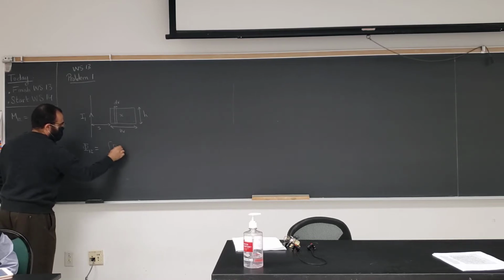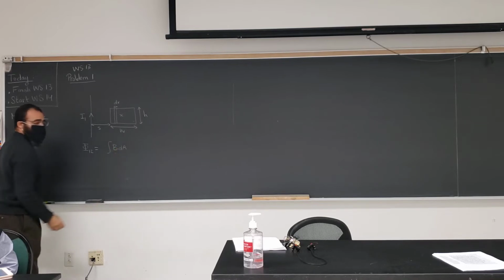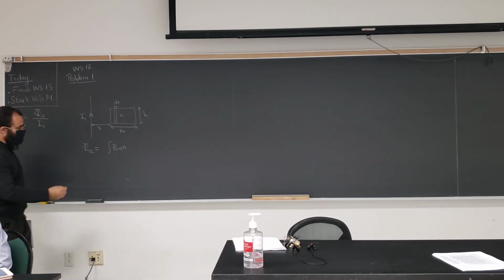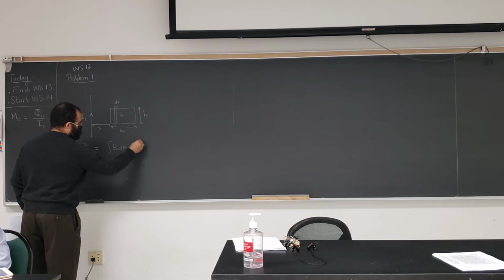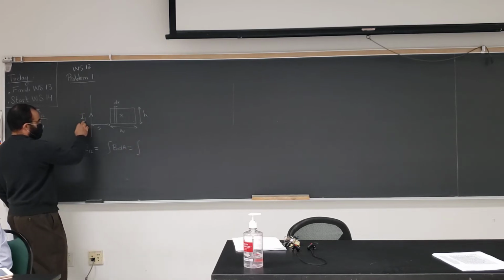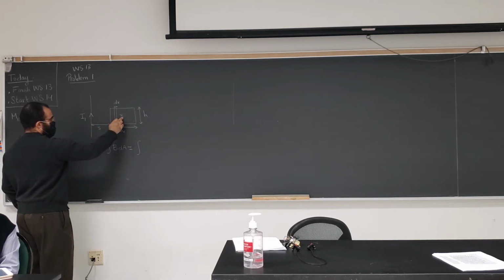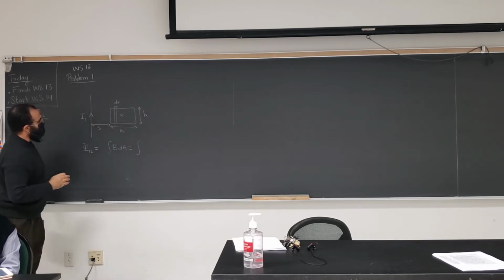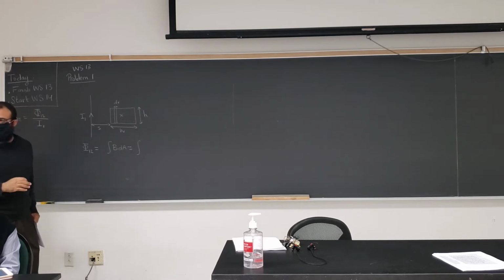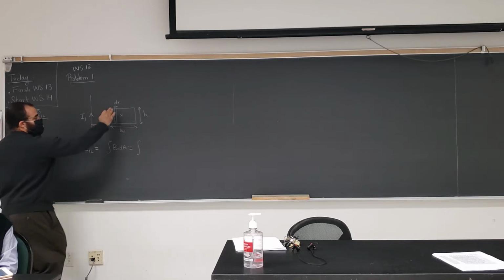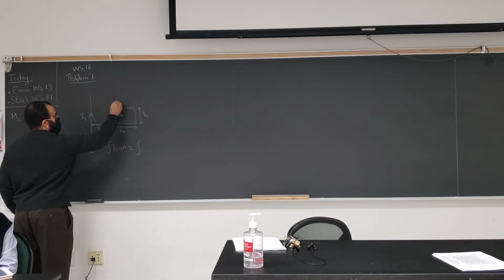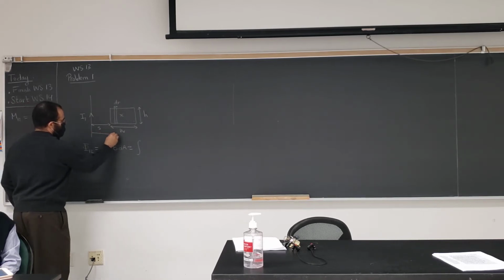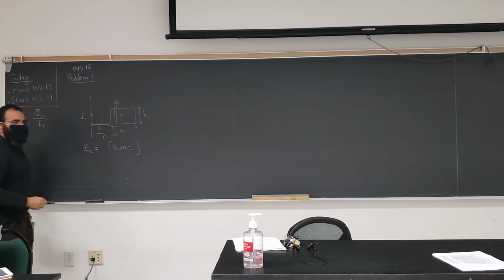Just magnetic field times area because they're in the same direction. By the way, it's a poor choice to use dx when the integration variable would be r, so I'm going to choose dr. The distance from here to here is r.